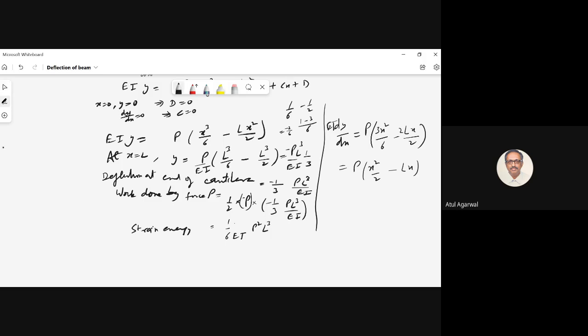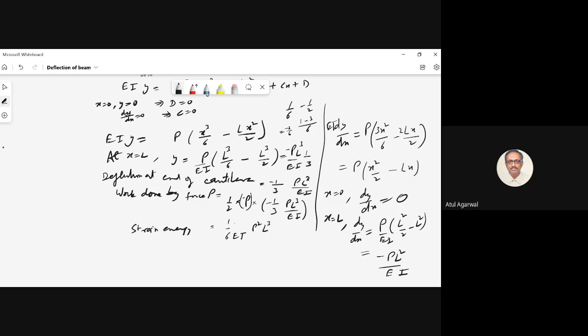So what is the slope at x equal to 0? Slope is 0 as you expected. At x is equal to L, what is the slope? P into L square by 2 minus L square by EI. So you get minus PL square by 2 EI.